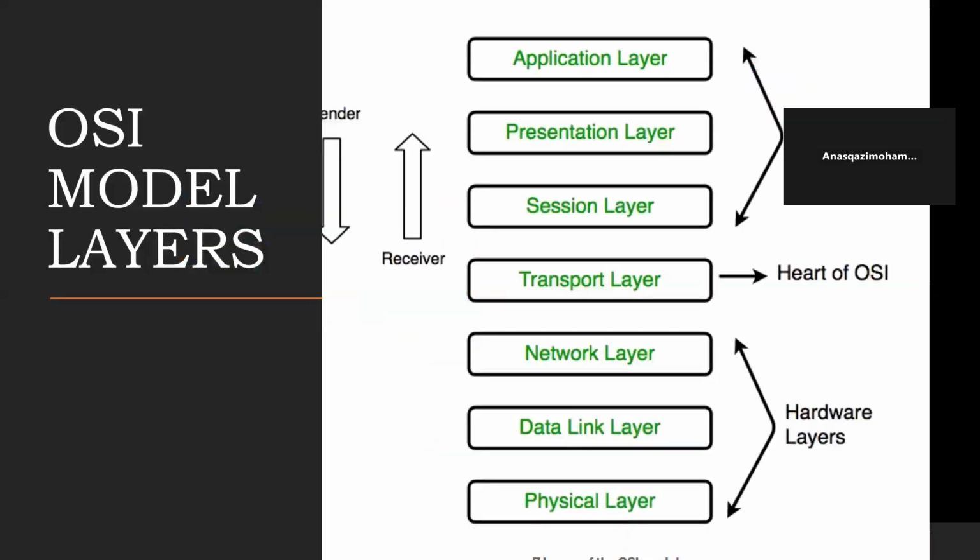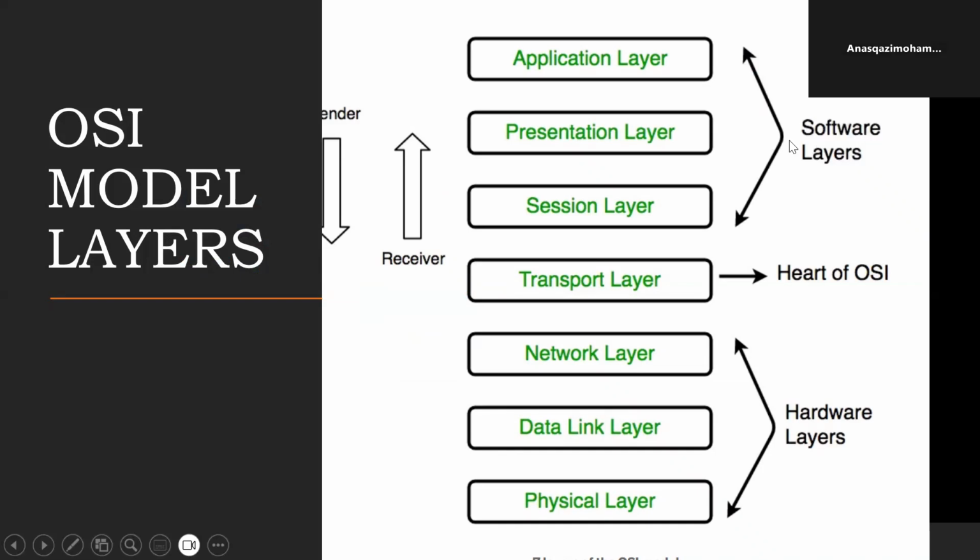So now moving on, the first three layers, if you have a look, are basically related to nothing but data. So here it is like the software layers. The fourth layer is the transport layer, which is the TCP and the UDP, but considered to be the heart of the OSI model, where the entire planning takes place.